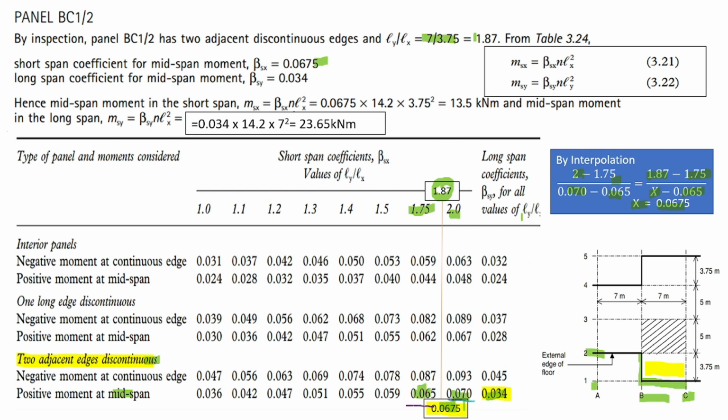These values could be used for all the ratios, so you just have to copy. Only that you're going to identify the values for short span. But for conservative design, and to avoid a difficult task, maybe you would like to just use 0.07. It makes sense that you can just use this without having interpolation.